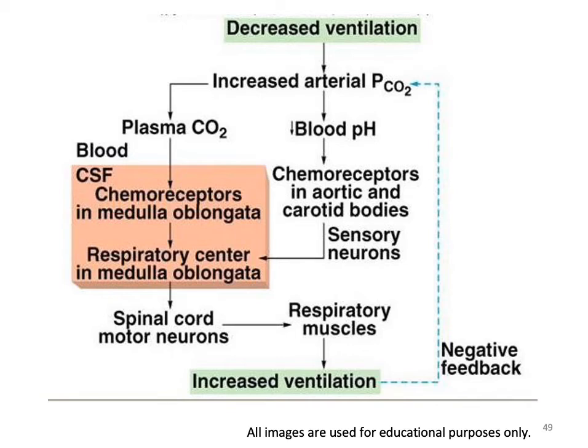The increase in the partial pressure of carbon dioxide will increase carbon dioxide in the blood plasma. This will activate the central chemoreceptors, and the increase in the partial pressure of carbon dioxide will also increase the hydrogen ion concentration in the blood, therefore leading to a decrement in blood pH. This will activate the peripheral chemoreceptors in the aortic and carotid bodies.